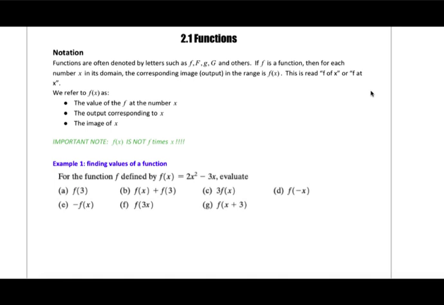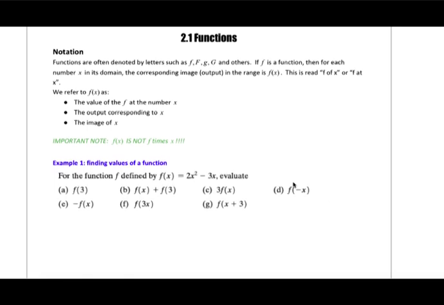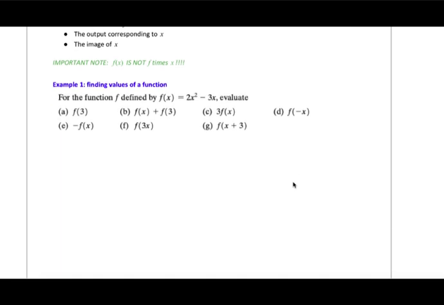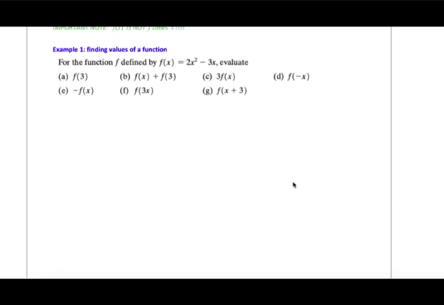Important note: f of x is not f times x. So please do not talk about that as f times x or g times x or whatever the function happens to be. Let's look at a few examples of finding values for a function.